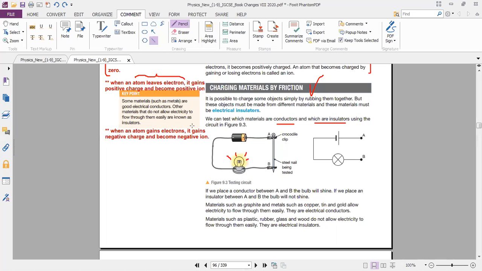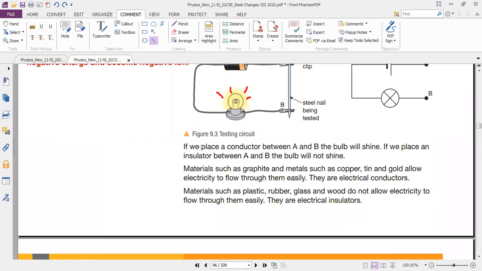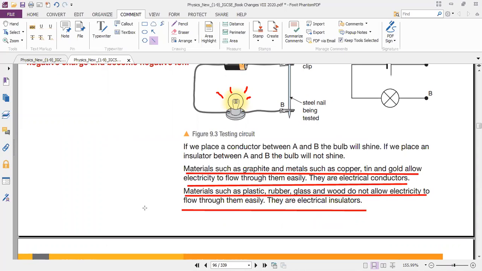It is written here that there are different substances which are conductors and which are insulators. Materials like graphite, copper, tin, gold allow electricity to flow through them easily. So these are electrical conductors. And materials such as plastic, rubber, glass, wood do not conduct electricity. So these are insulators. Very important point. Please underline.